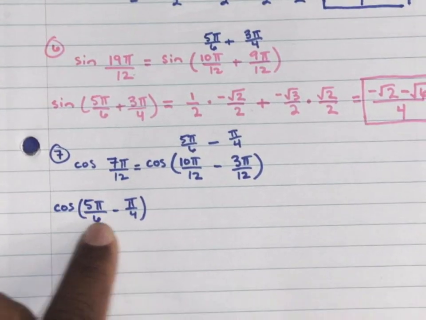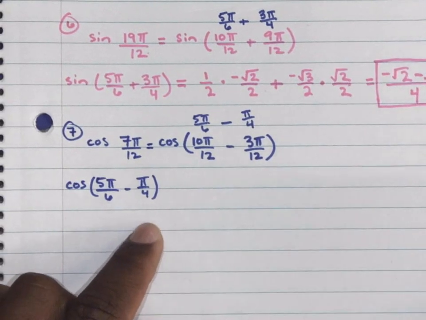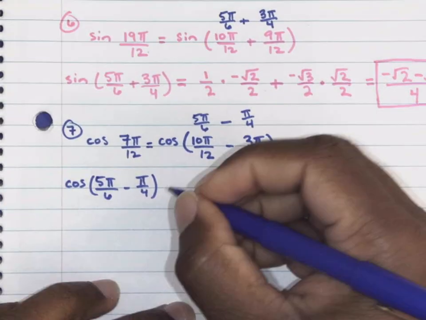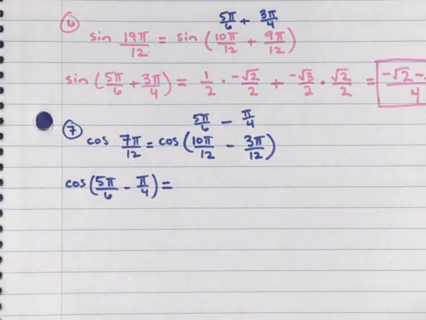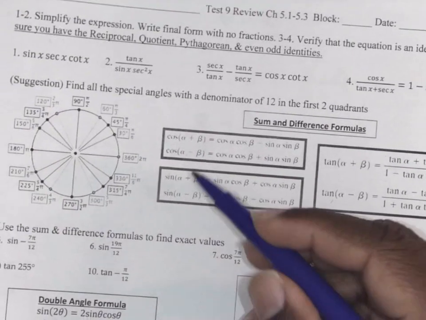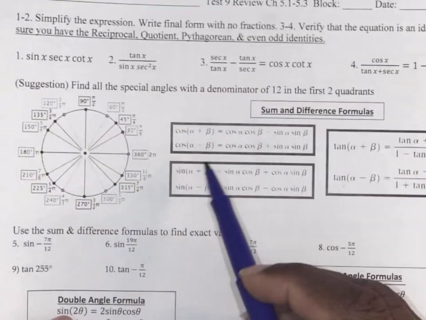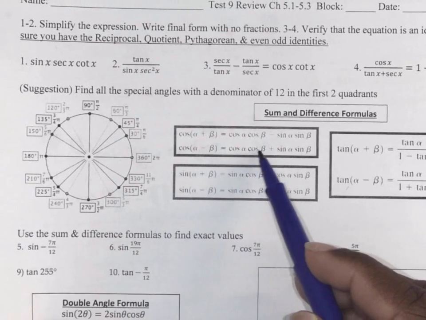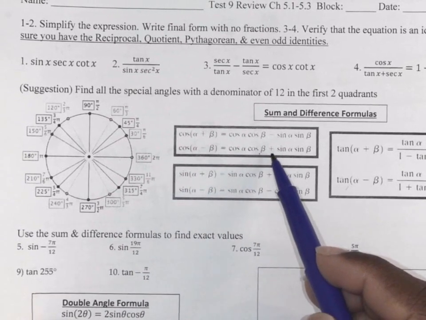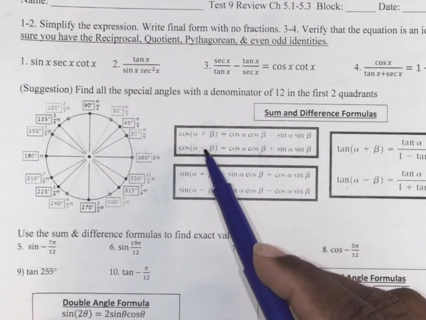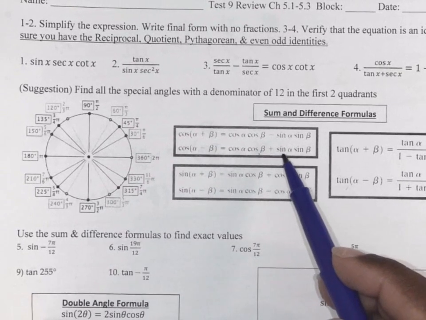So this is a 30 and this is a 45-degree angle. Like I say, I'm going to go straight into writing these exact values, and the formula changes slightly for cosine, and we're doing the difference formula. So we got cosine of the first angle times cosine of the second plus, remember the sign changes with cosine, it's different. Just remember that, sine of the first times sine of the second.